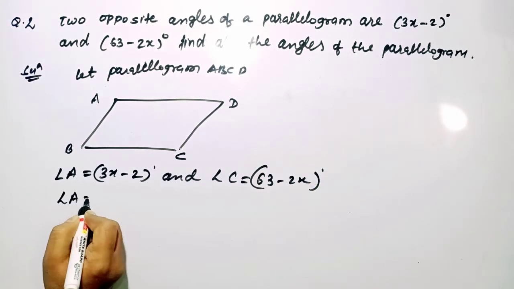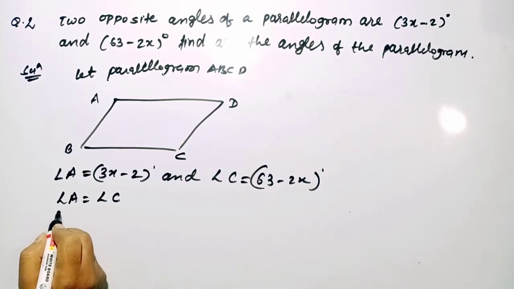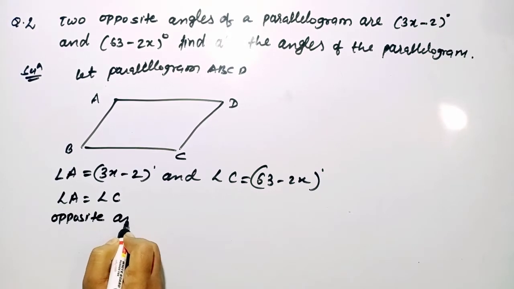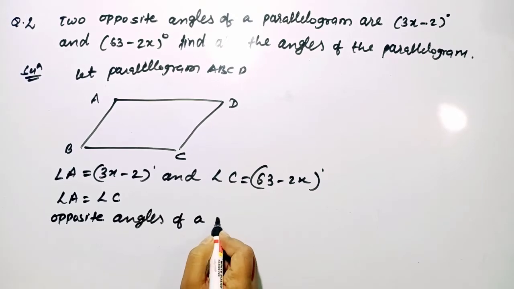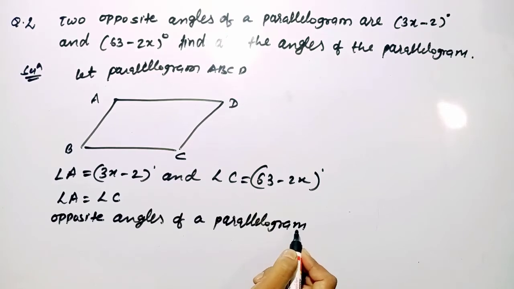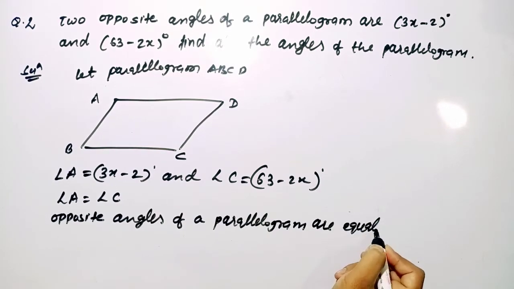These angles are always equal. So equating these angles, angle A is equal to angle C, because opposite angles of a parallelogram are always equal.